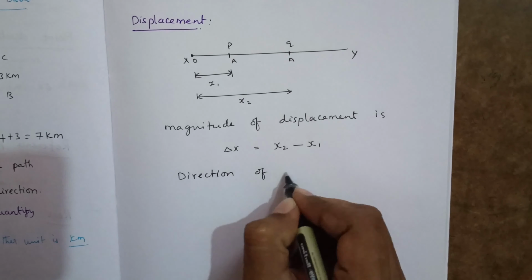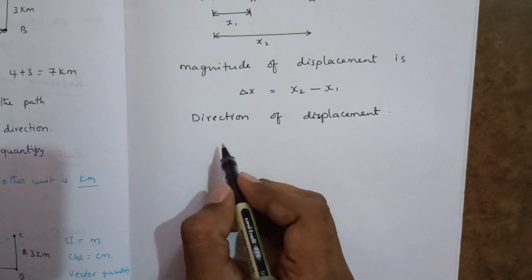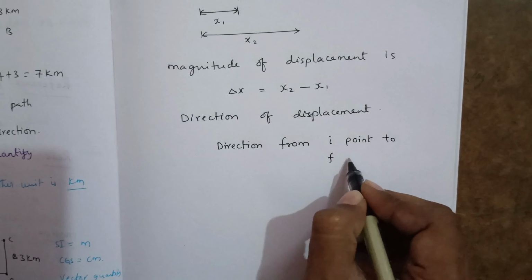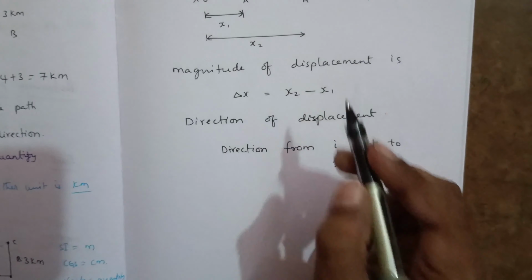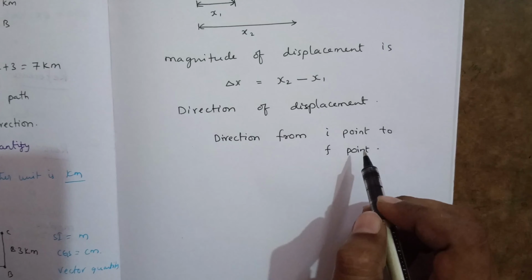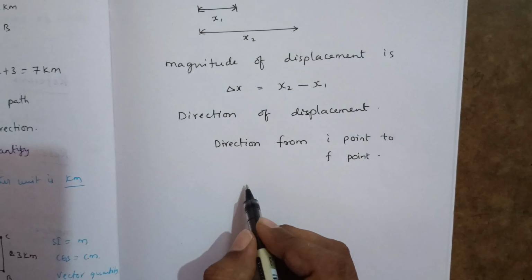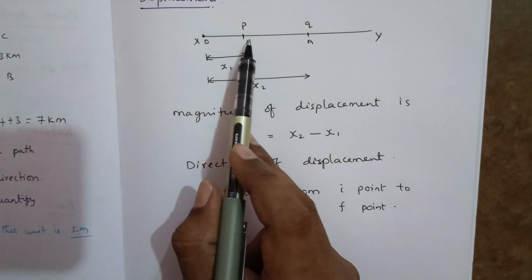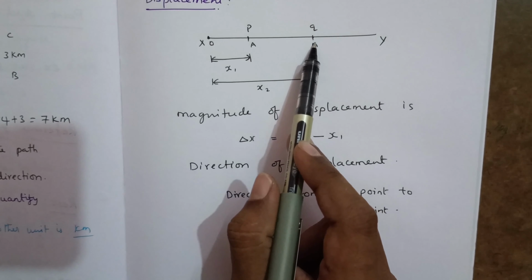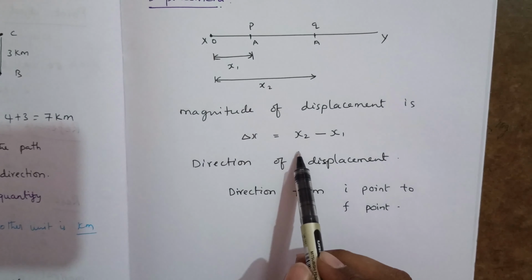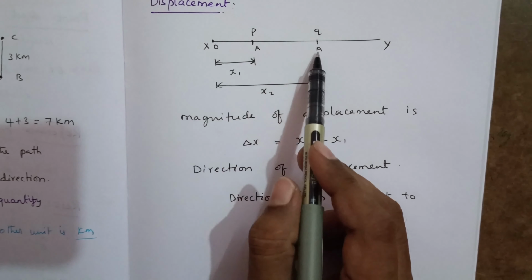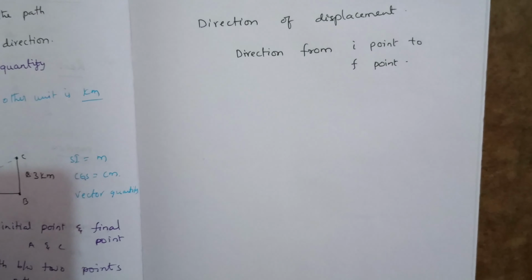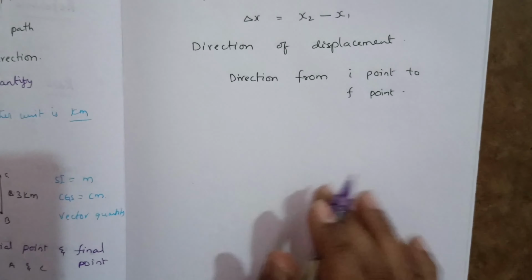The direction of displacement is the direction from initial point to final point, so P to Q, because in one-dimensional motion it is moving in a straight path. So final point minus initial point is the displacement, and from initial point to final point is the direction. Displacement is a vector quantity because it has both magnitude and direction.